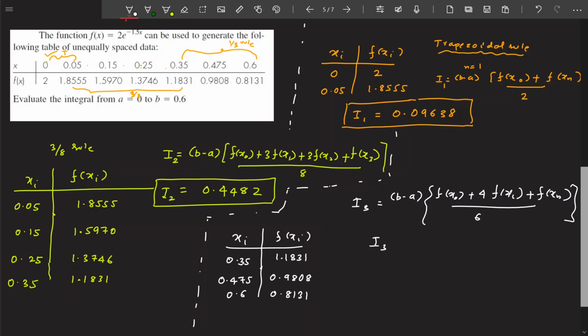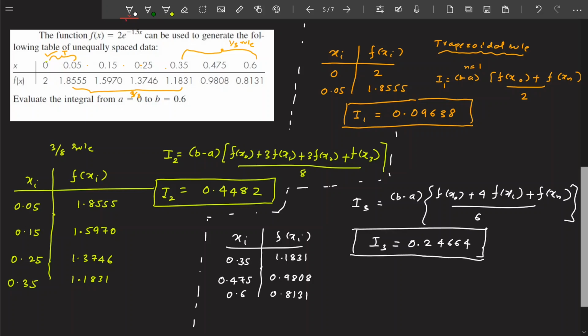And once you substitute all the values in this formula, just use your calculator and you'll find out that the value of I3 that you are getting is 0.24664.